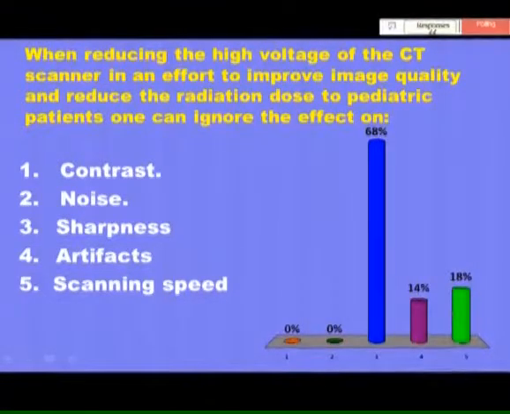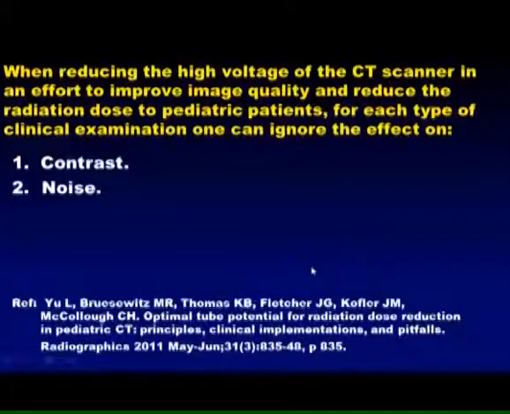Okay, two-thirds of you got the right answer. Sharpness is not unimportant to us. We'll have more artifacts to deal with at lower kV. And depending on the size of the patient, we may or may not have some scanning speed issues to deal with and some motion unsharpness in the patient.